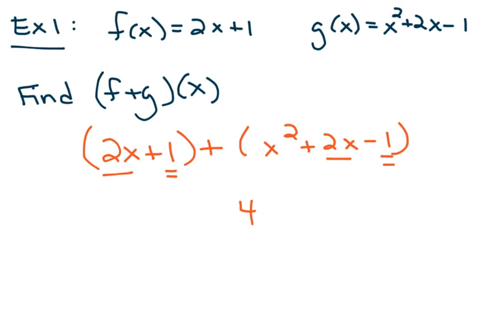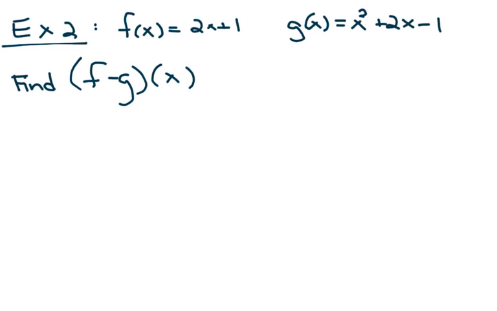When you add them, you get 4x. And 1 and negative 1 are both like terms because they're constants. 1 plus negative 1 is 0. The only thing I didn't have something to combine with was the x squared. And because I like to write things in descending order of powers, I'm going to write the x squared first. So when you add the two functions, you get x squared plus 4x.